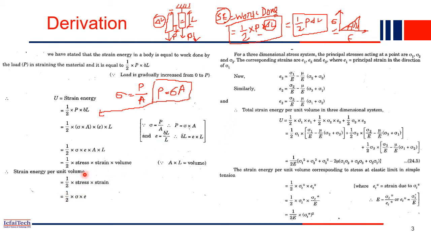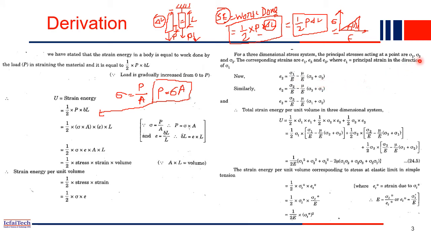Now again, in the last lecture, if you remember, we expressed strain energy in terms of modulus of elasticity and Poisson's ratio. We discussed how we got this expression in the last lecture. This expression we derived for the general case. But for any three-dimensional body, you have three axes, right?